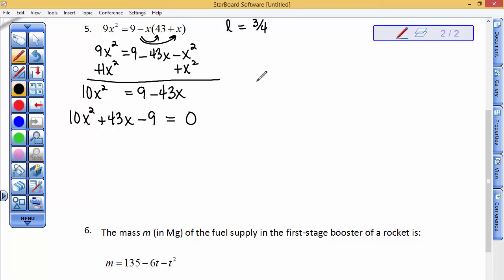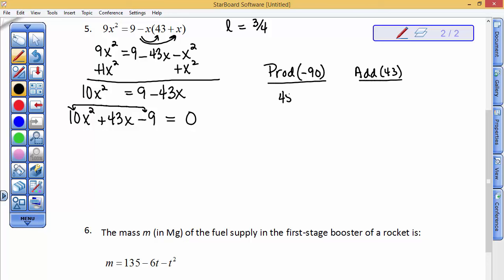The longhand way to do this when you've got a 10 in front of the x squared term is to find two numbers whose product is 10 times the negative 9, which is a negative 90, and they must add to be 43, so I'm kind of thinking 45 and 2.